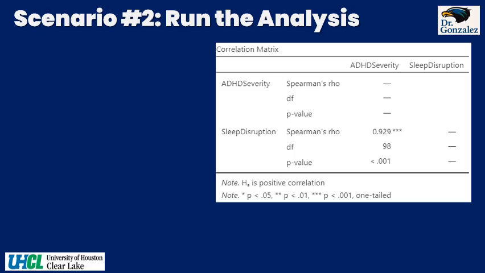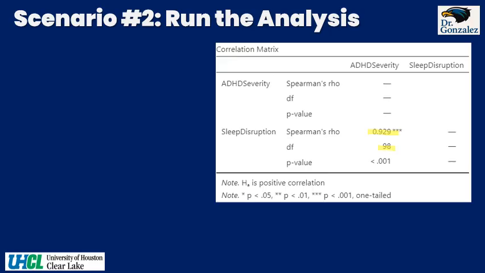So here we have our correlation matrix for our Spearman's rho for ADHD severity and sleep disruption. You can see here you have a nice 0.929, and there's 3 asterisks there.